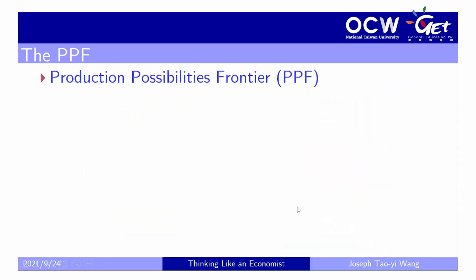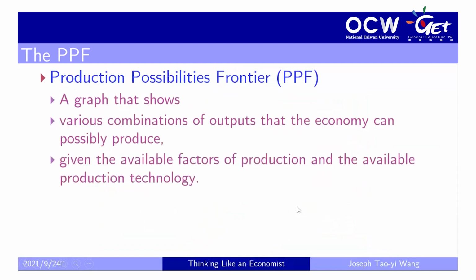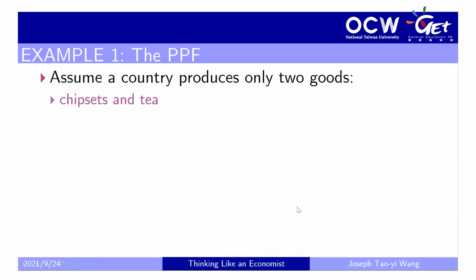The second example of a model is the production possibility frontier. This is a graph that shows the combinations of output that the economy can possibly produce, given available factors of production and the available technology. Here we're going to assume a country that produces only two goods, chipsets and tea.